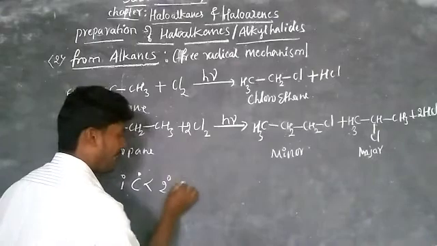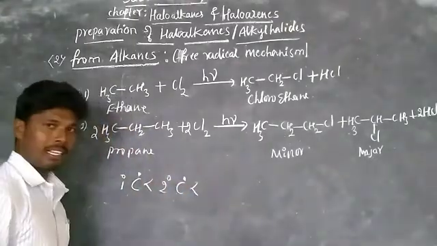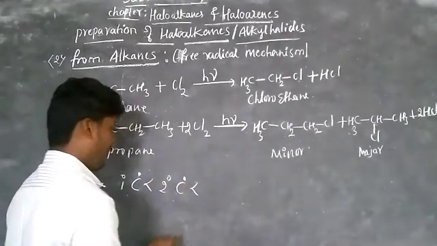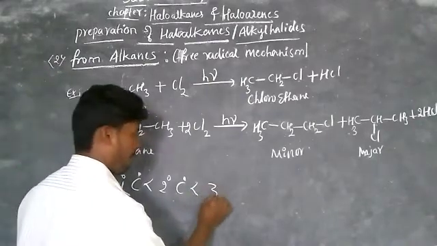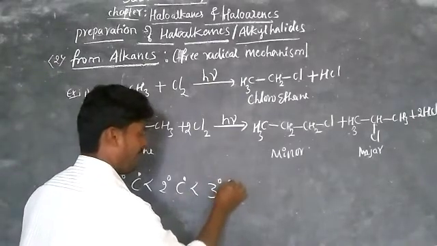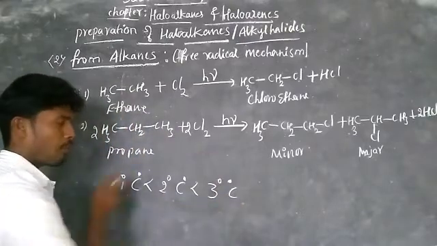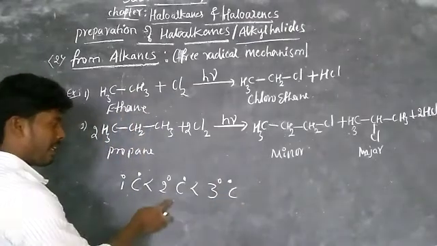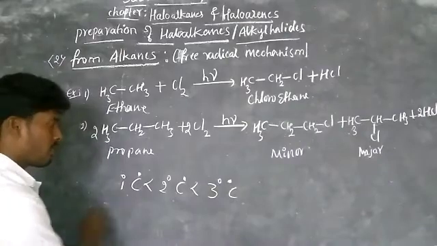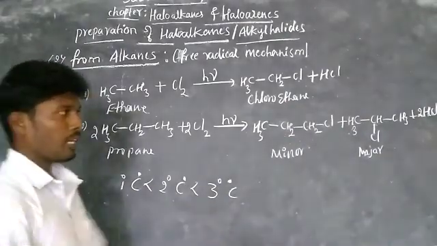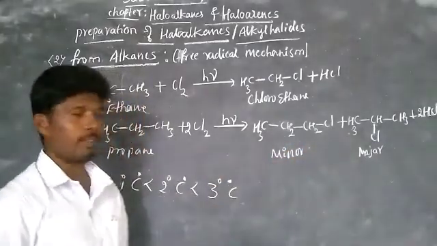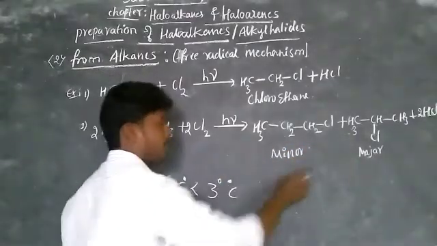And a secondary carbon free radical is less stable than a tertiary free radical. It means a tertiary carbon free radical is more stable than secondary and primary. This is the decreasing order of stability. Tertiary is more stable. So here you get secondary, hence you get this as the major product.